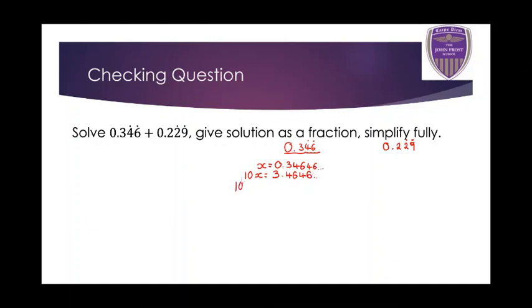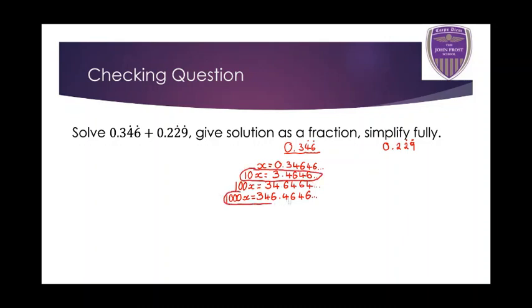Let's try 100x. It's equal to 34.6464. No joy yet. Let's try 1000x. That is 346.4646. And bingo, we're going to be using 10x and 1000x.